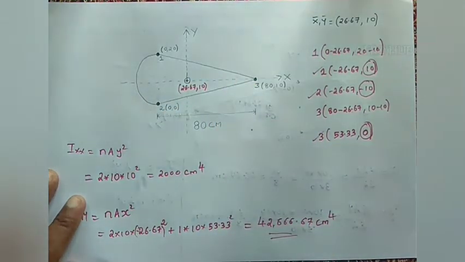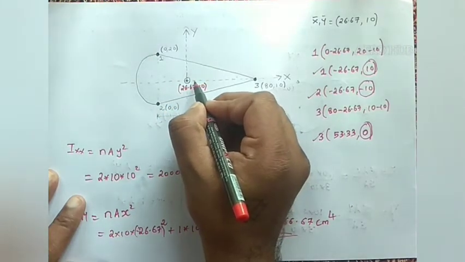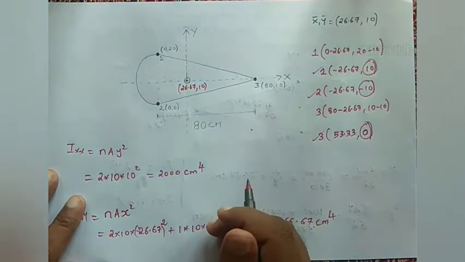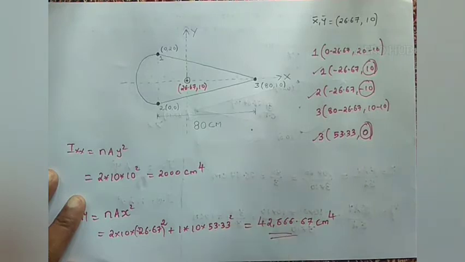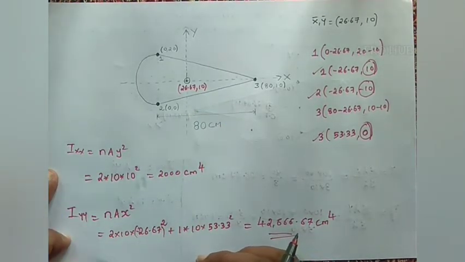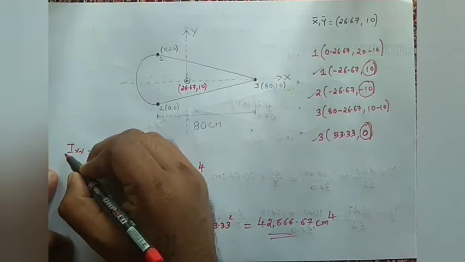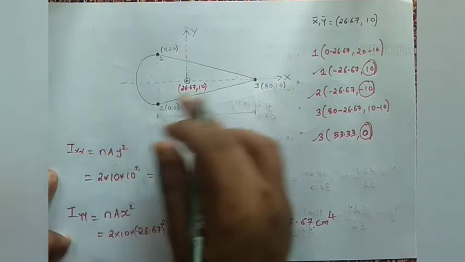Therefore we have to find out the value of y with respect to the horizontal axis. We have to only find out the value of y from the centroidal axis. We don't need to consider the x coordinate. Therefore, I can use the value of moment of inertia with respect to x-axis because the section is symmetric about x-axis.